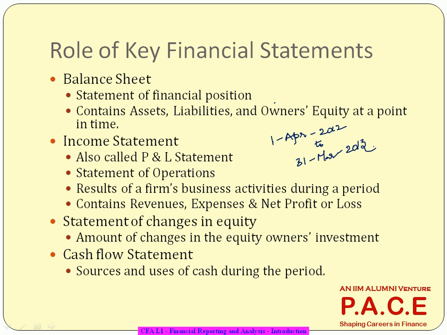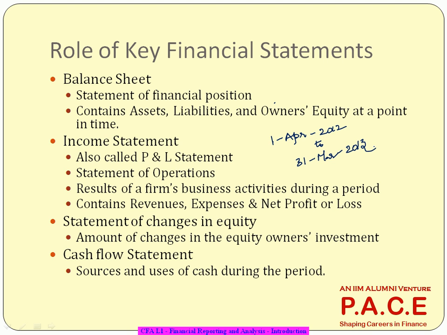So the income statement or profit and loss statement is more bothered about the period, whatever has happened during this period. Whereas the balance sheet is more bothered about the end of a particular period or as on a particular date. As on a particular date, this is what is outstanding to be received, this is what is outstanding to be paid.